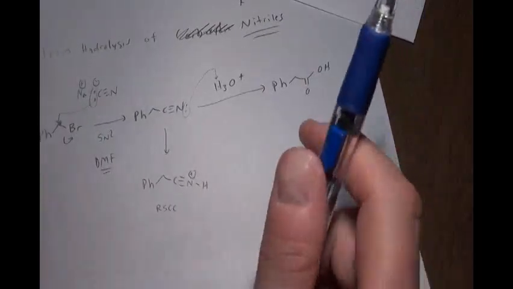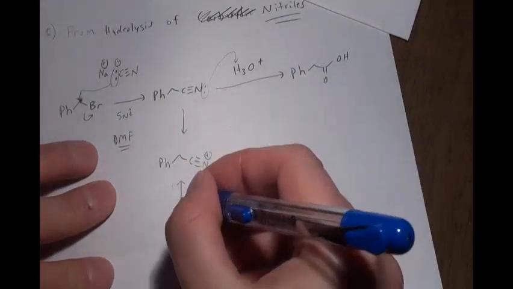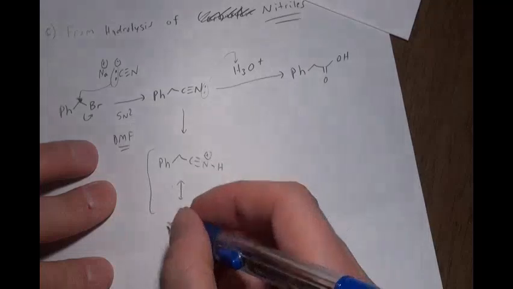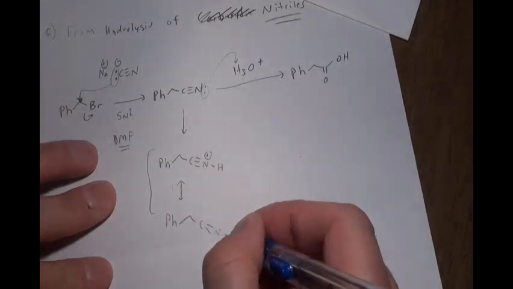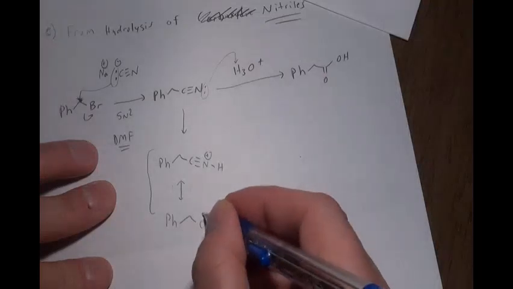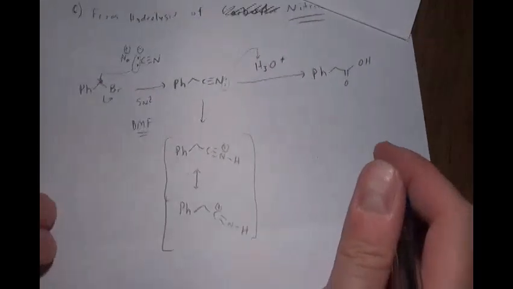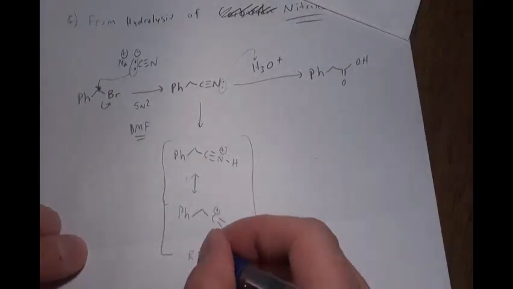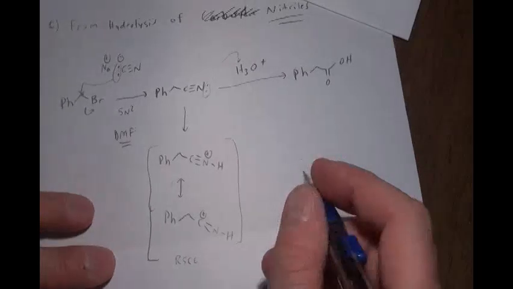I guess maybe I'll do that. You don't have to do this, but I think it helps when you're learning this stuff to draw out these RSCCs. Maybe I'll do this one, but the other ones in this mechanism I won't do.